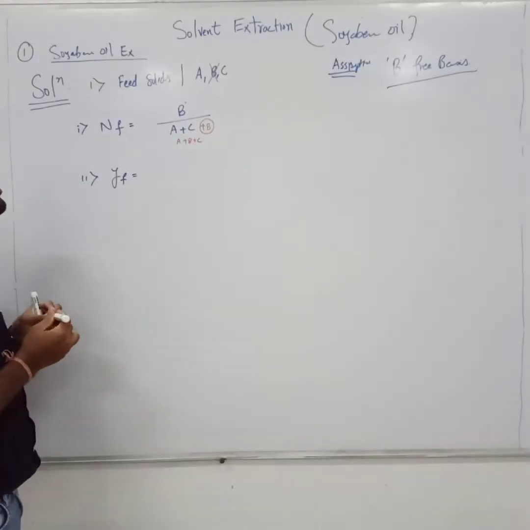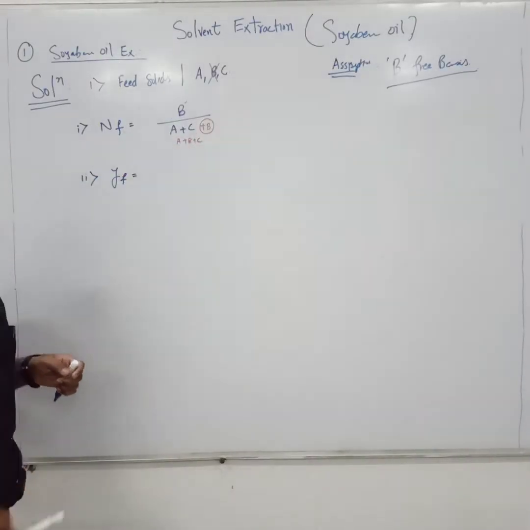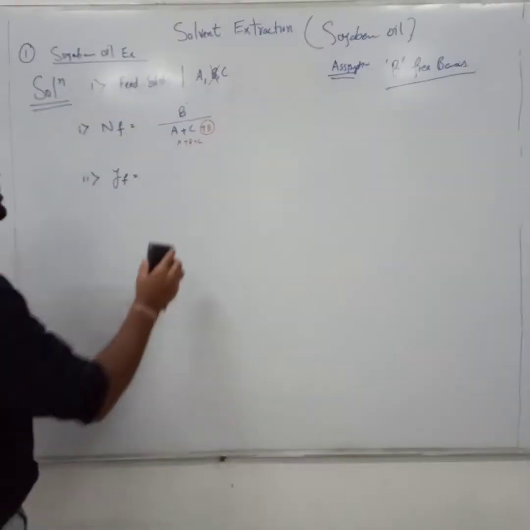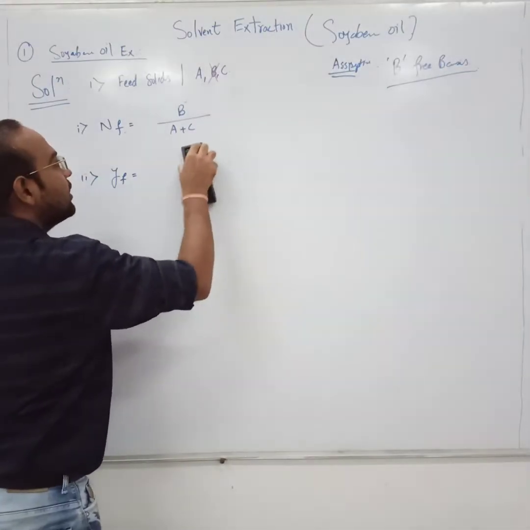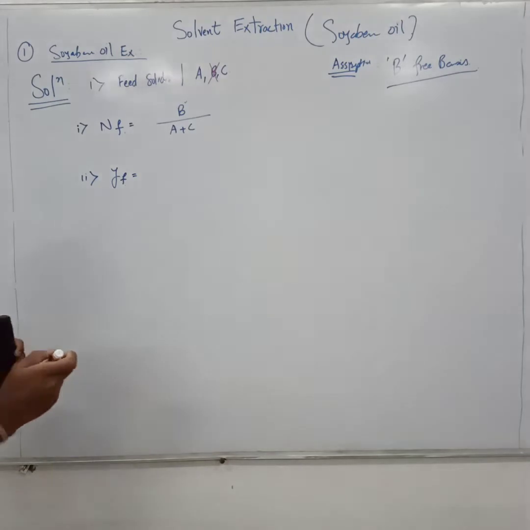But we are finding all the values on a B-free basis, that's why we are not considering the value of B in the denominator.